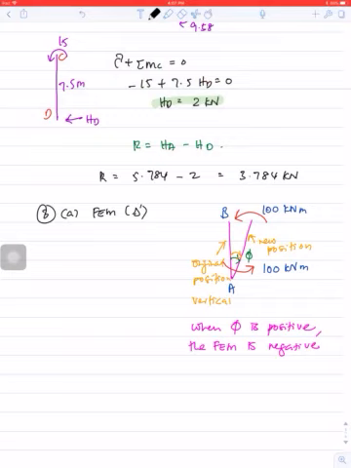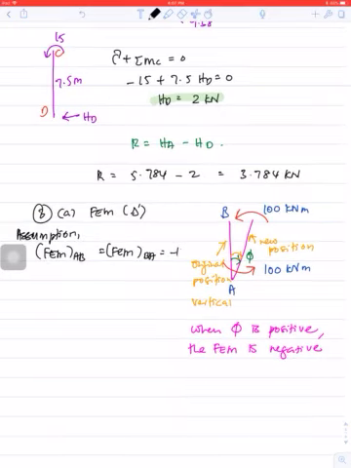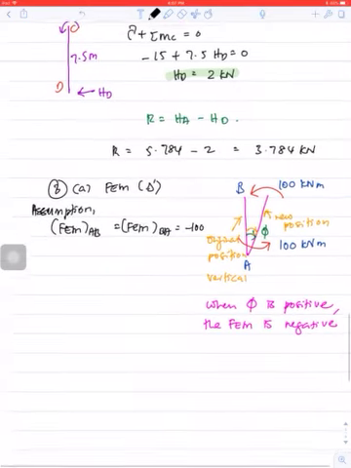So from this concept, we have FEM AB. This is assumption, right? Assumption is equal to FEM BA, since it is fixed, so it is negative 100.